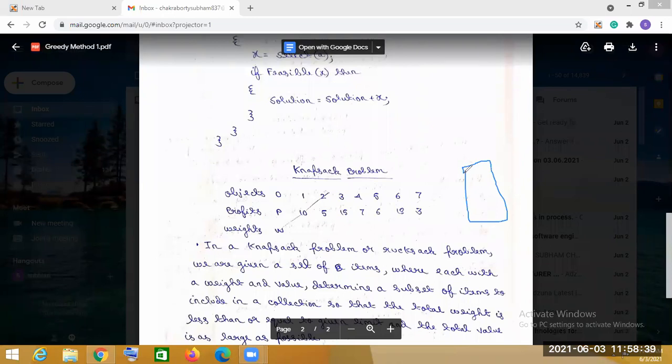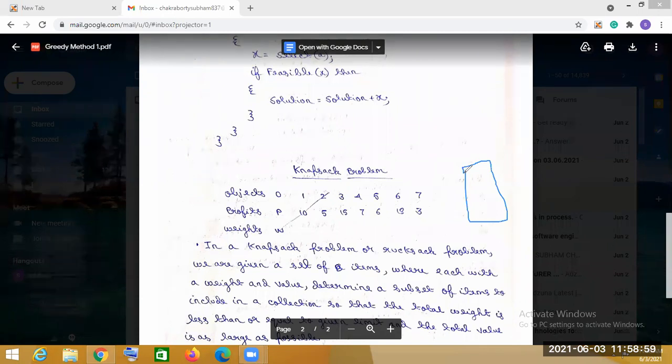So n number of items will be given, and for these n items, weight and value will be given.